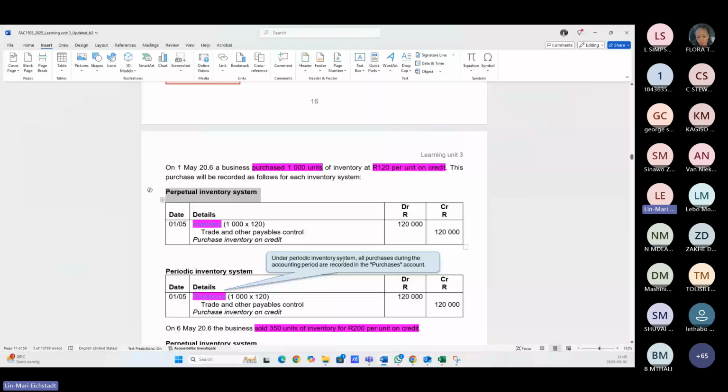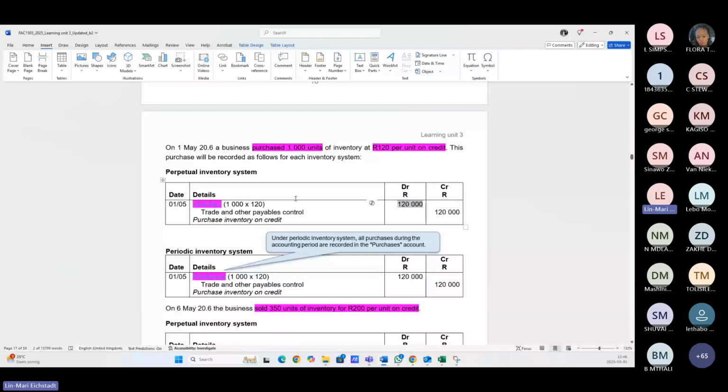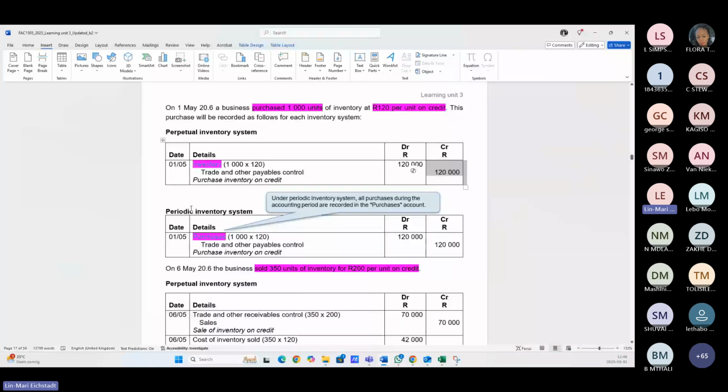We would be increasing our inventory account as we debit and credit our inventory account real time with the perpetual inventory system based on the number of units purchased times the amount. So our inventory amount increased with 120,000, and our trade and other payables, because this was a credit, would increase with the same amount. For the periodic inventory system, the entry is exactly the same, other than you don't use your inventory account, but you use the purchases account.